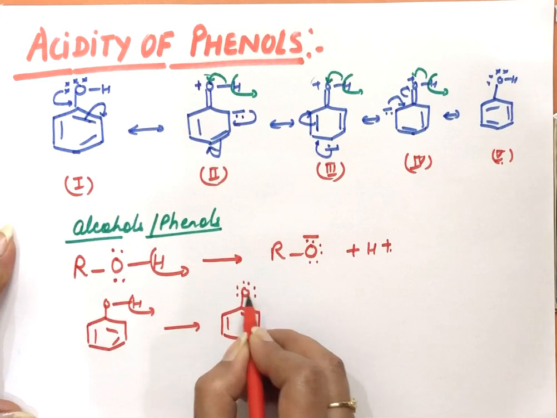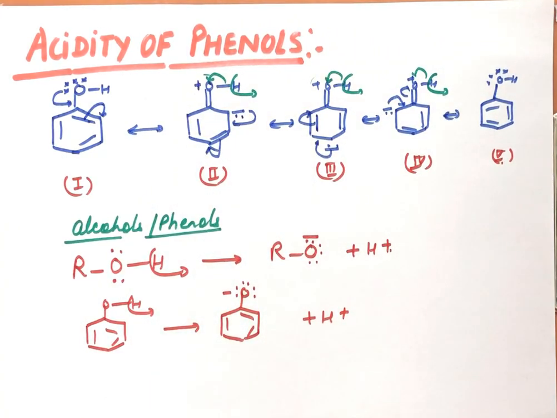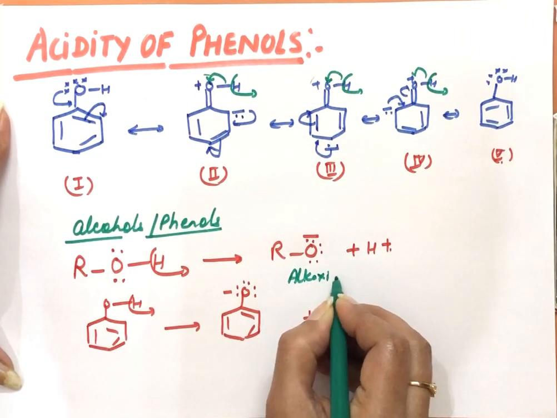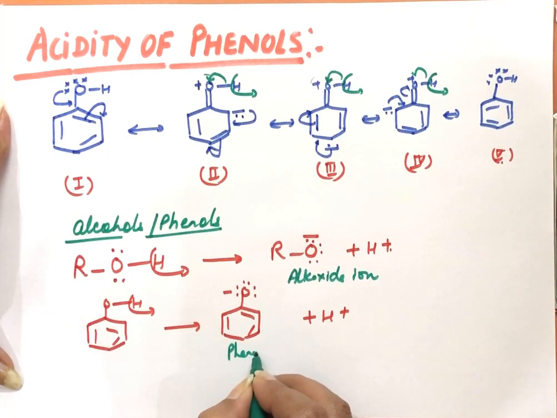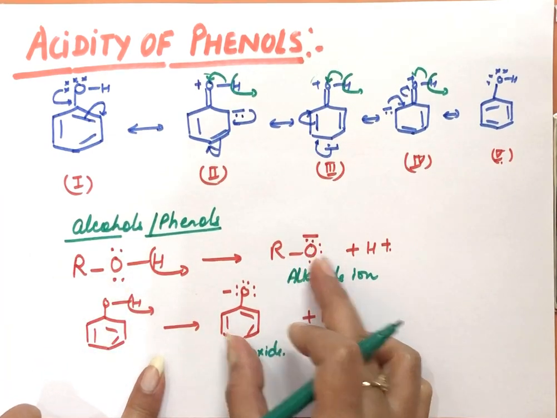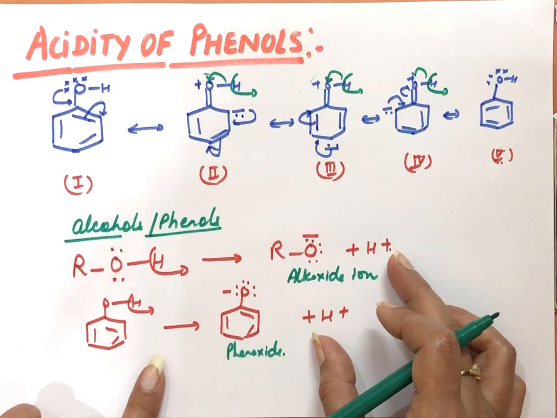Now in both cases we are getting H plus removal, alkoxide formation and phenoxide formation. This is the alkoxide ion, and this is the phenoxide ion. The easier the formation of this ion by the removal of H plus, the more the acidic strength.